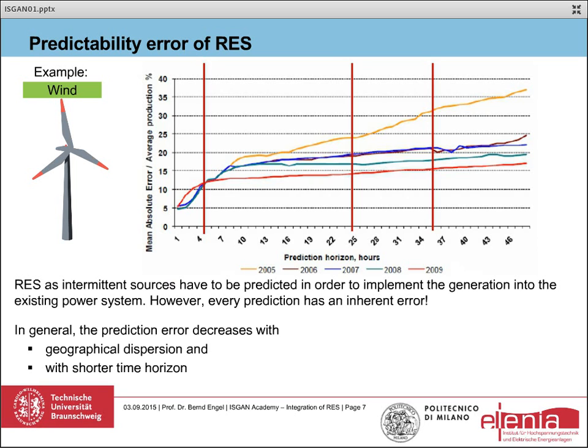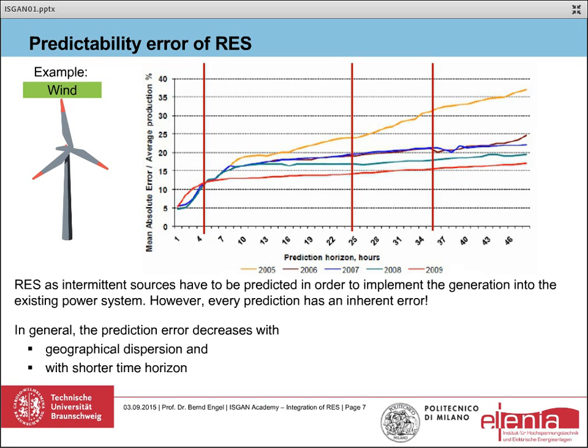In general, the prediction error decreases with the geographical dispersion and with shorter time horizon. We see that with the years, the mean absolute error was decreasing, but is still important.